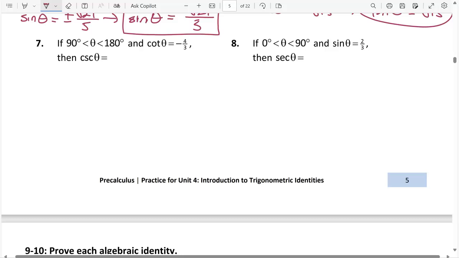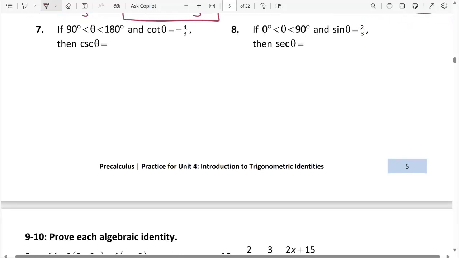In number 7, our angle is between 90 and 180, we're given cotangent, we're looking for cosecant. So I'm going to use the Pythagorean identity, 1 plus cotangent squared is equal to cosecant squared of theta. And we're given the value for cotangent.